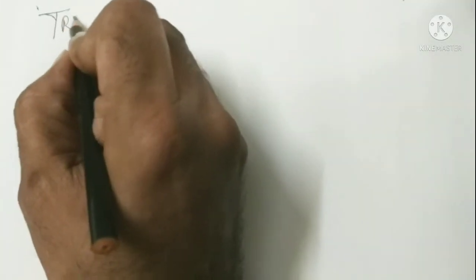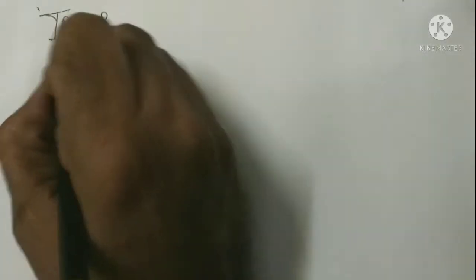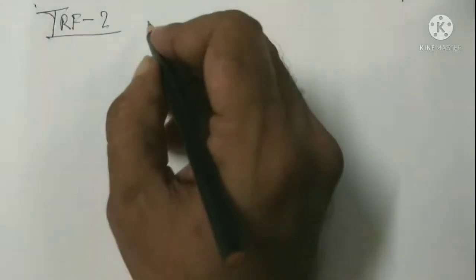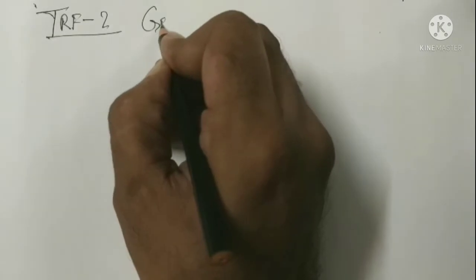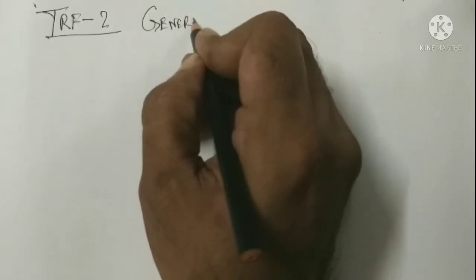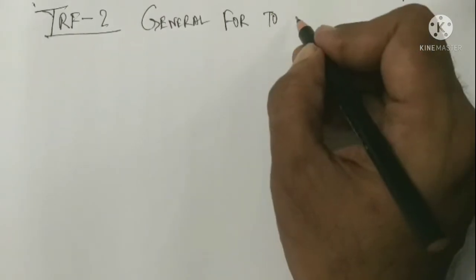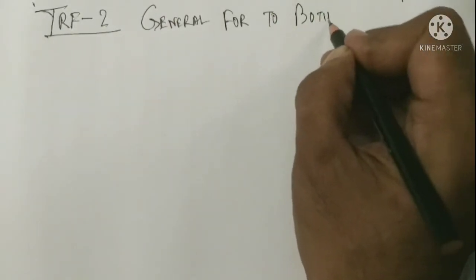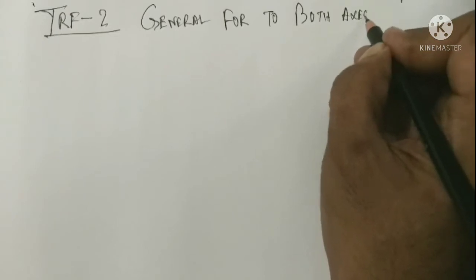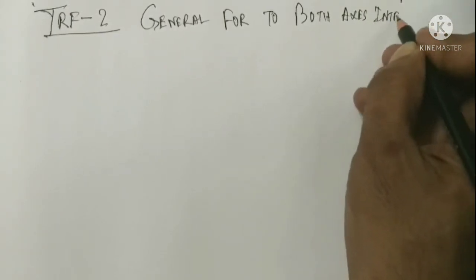Next we are starting transfer 2, that is general form to both axis intercept form.